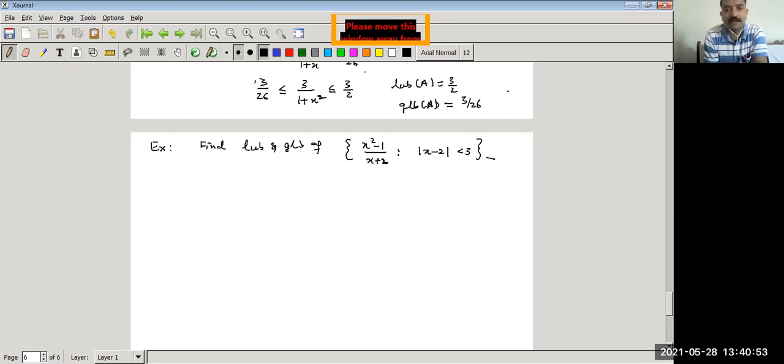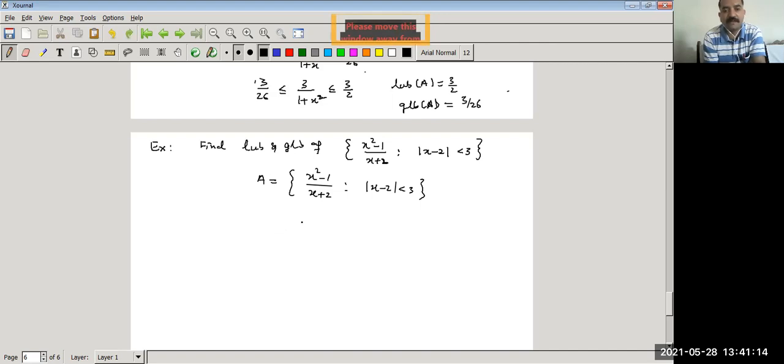So here set A is given: let A = (x² - 1)/(x + 2) such that |x - 2| < 3.